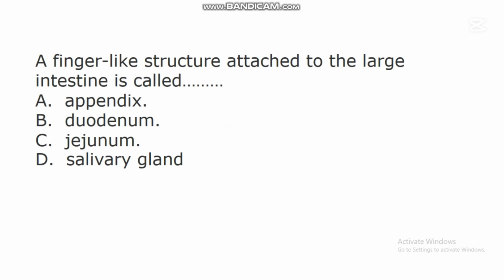In this question, the correct answer is A. Appendix. Appendix is a finger-like structure attached to the large intestine, and studies have shown that this appendix can have some issues after some time. This appendix can swell, and when this appendix swells, the problem will now be called appendicitis.